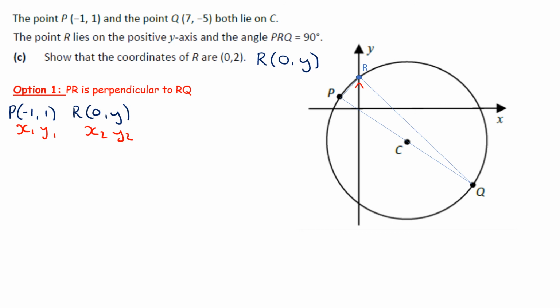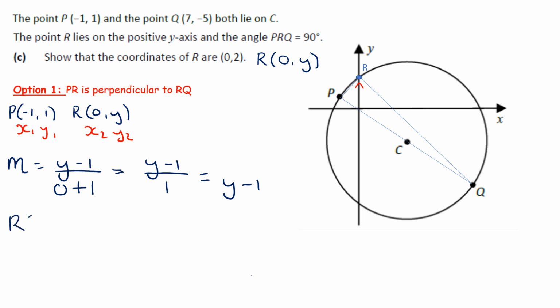My slope is going to be y2 minus y1 over x2 minus x1. Be careful with your signs there. It's minus minus, which makes it a plus. So this simplifies to simply y minus 1. Then we're going to work with R and Q, so (0, y), and Q is (7, -5).